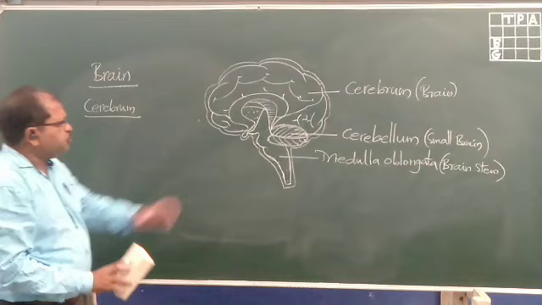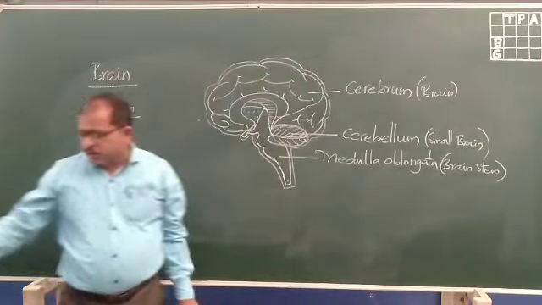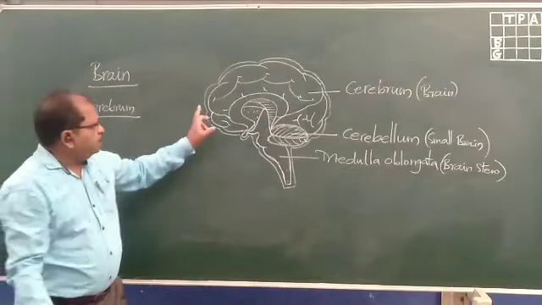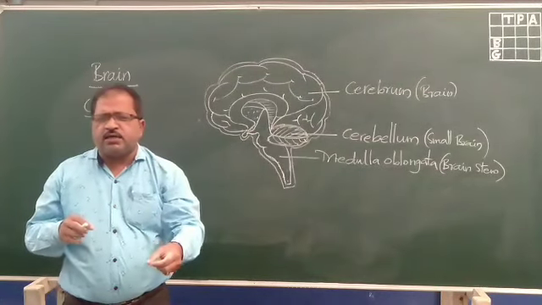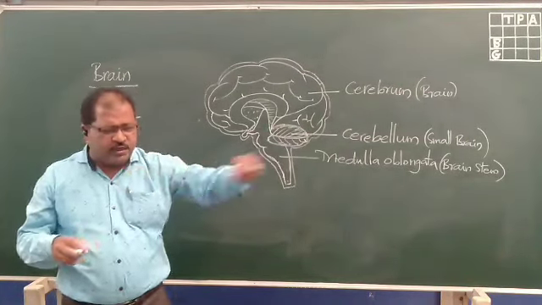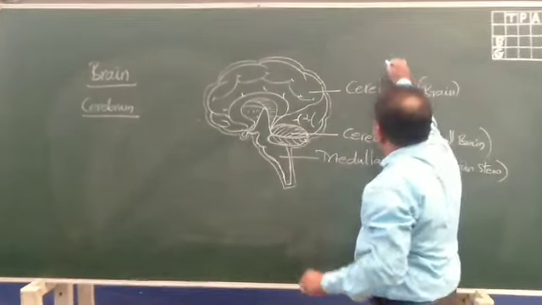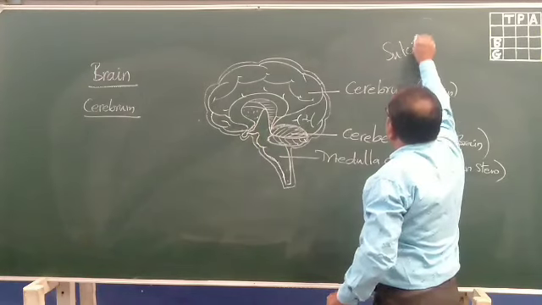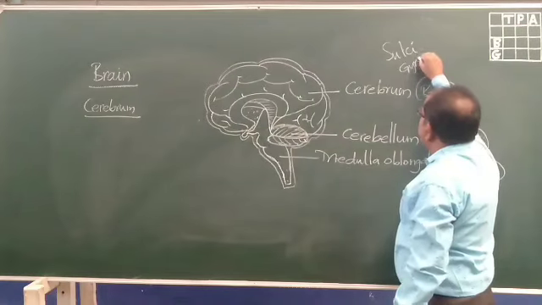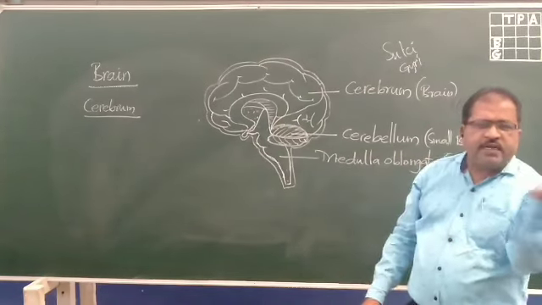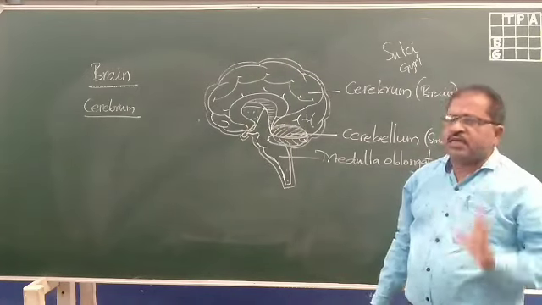The cerebrum is the largest part of the brain. You can see here, the largest part of the brain is the cerebrum, so it is also called the brain. This cerebrum has folds, the vertical convolutions as well as the horizontal convolutions. The vertical convolutions are called sulci, and the horizontal convolutions are called gyri.